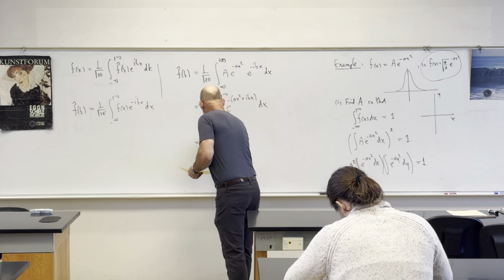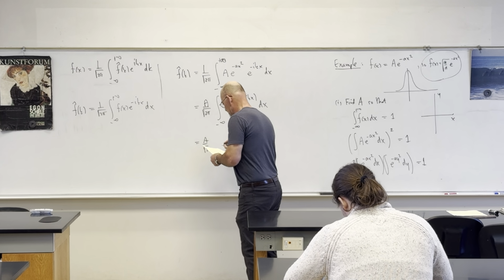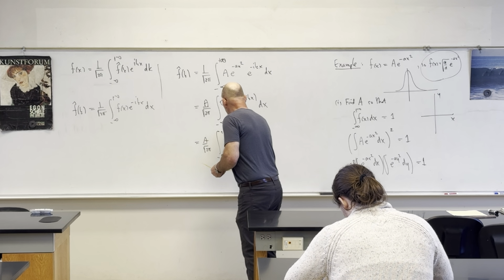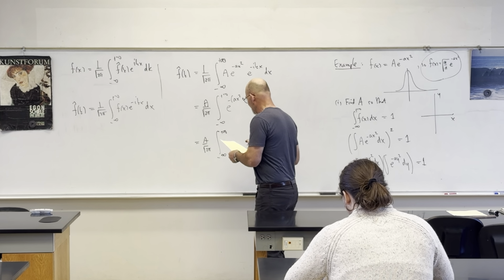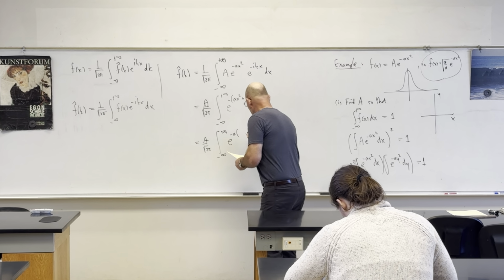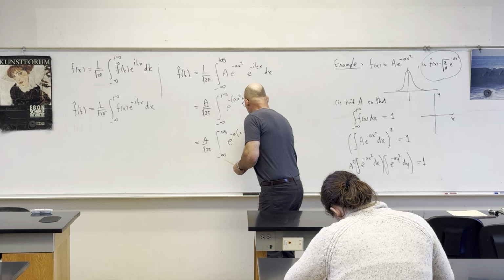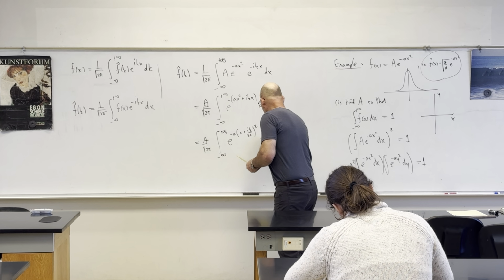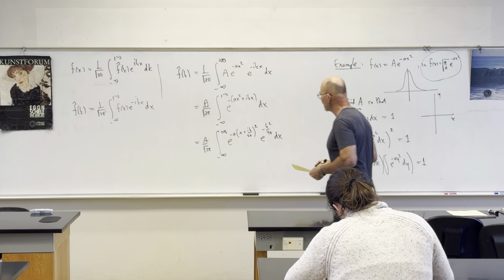So we've got a over root 2 pi, integral from minus infinity to plus infinity, e to the minus a times (x plus ik over 2a) squared, e to the minus k squared over 4a dx.